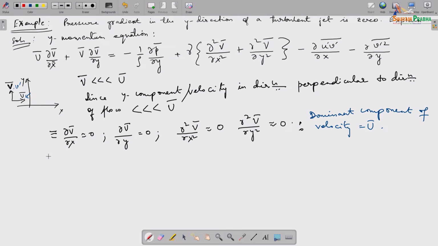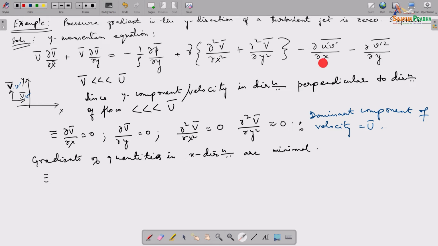Okay. So gradients of quantities in the x direction are minimal, which means, so what we have here are these two terms.